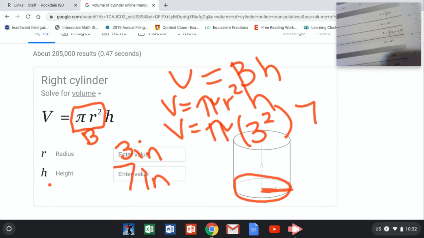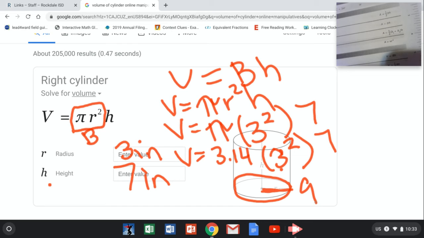And so I would go volume equals 3.14 times 3 squared. Remember that this little 2 means squared, and it means this number right here, the 3 times itself 2 times. So, and then I'm going to bring that 7. So 3 times 3 is really 9. Okay, so I'm going to bring that down, bring the 7 down, and then bring my 3.14, and then volume equals.